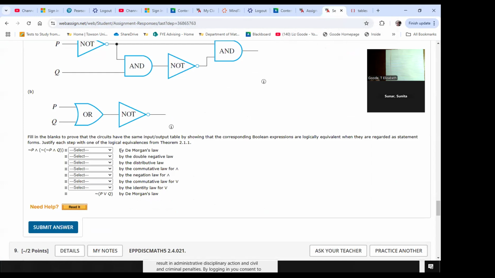All right, so the first law we're going to use is De Morgan's law, because that's what it says. It says by De Morgan's law, we can rewrite this expression as something that's logically equivalent.